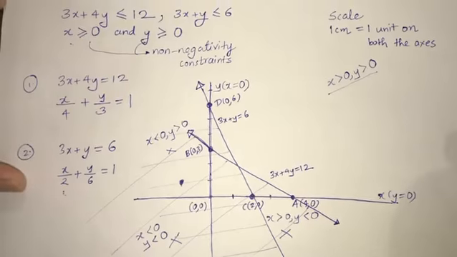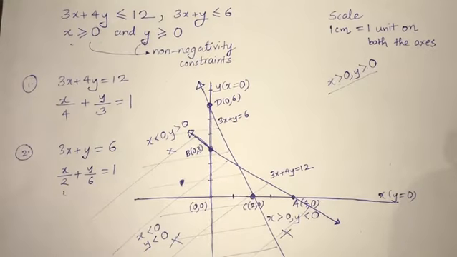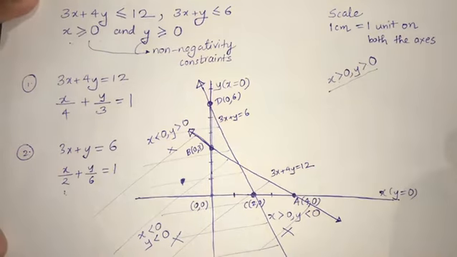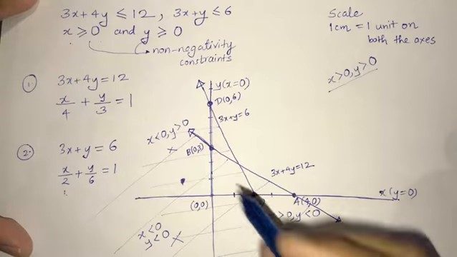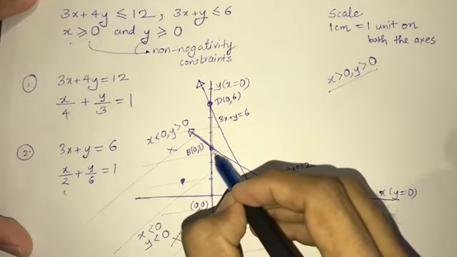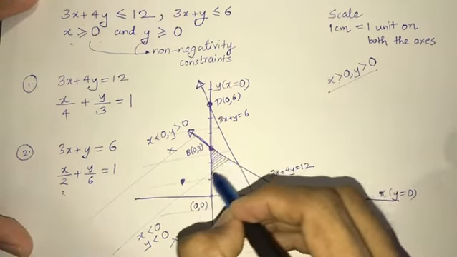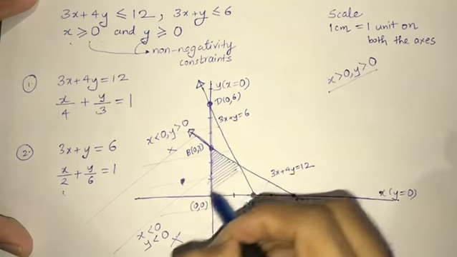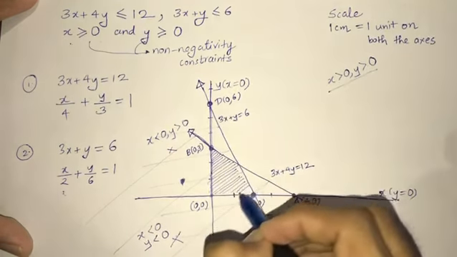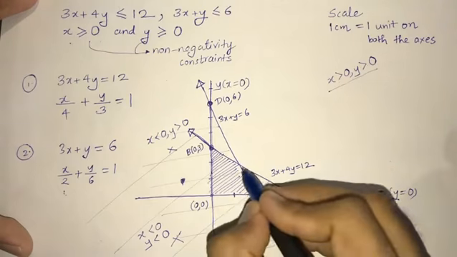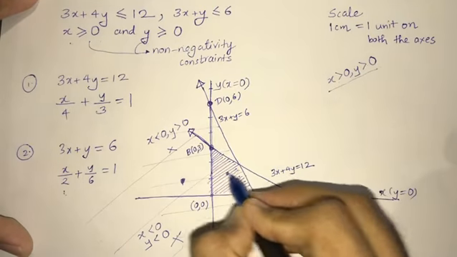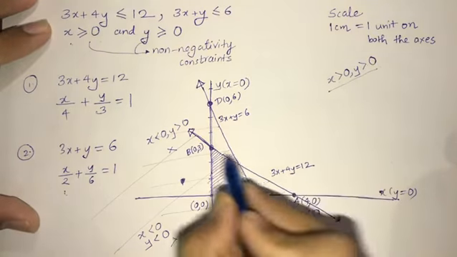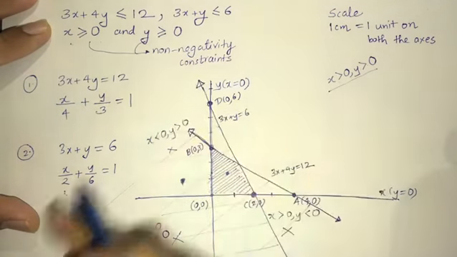So where are the points which will satisfy all the 4 inequalities? They are here. So if you pick up any point in this region which I have shaded, it will satisfy 3x plus 4y less than 12, origin side.